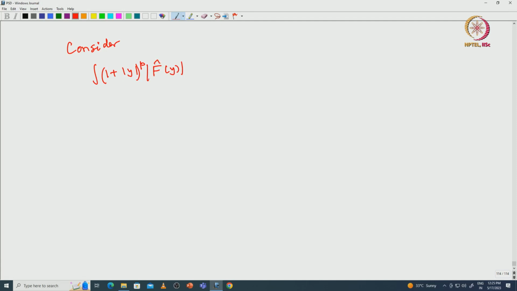I am not putting a square here. And now you use Cauchy-Schwarz here.